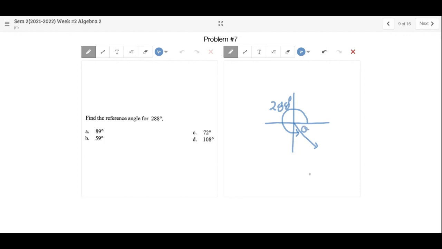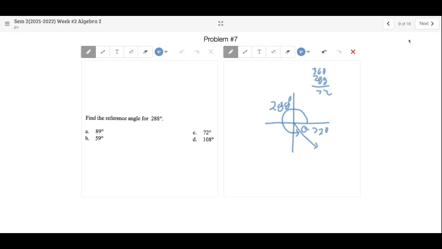This is the reference angle. All I did was take 360 minus 288. Is that 72? So the answer's letter C. Cool stuff.